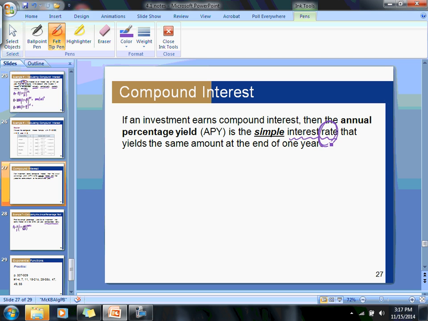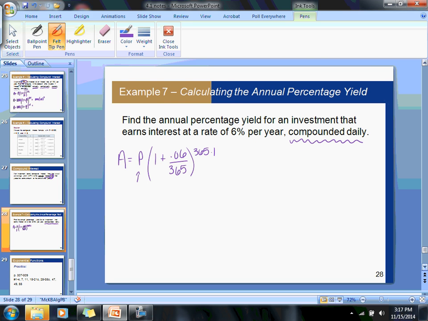It's the rate that yields the same amount at the end of 1 year. Okay, so this is sometimes where students get confused because they think, oh, I don't have a value for P, I don't have a value for A, what am I really finding? So when it says find the annual percentage yield, that really means you're finding the rate. Okay, so basically we just have to focus in on this part right there.